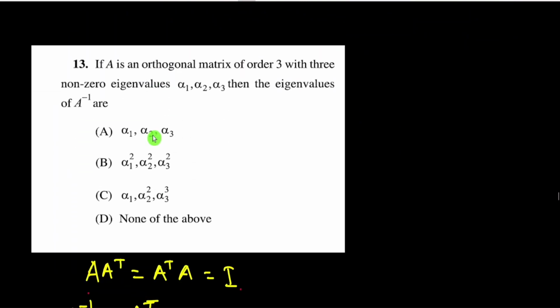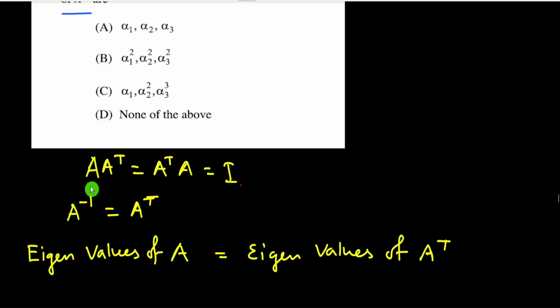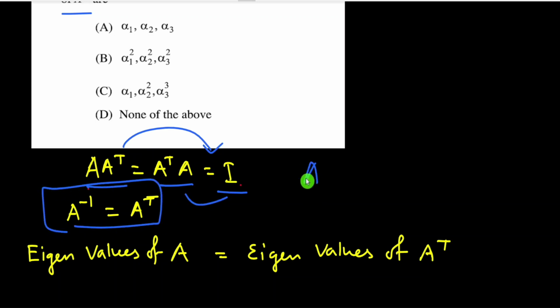Now go to the next question, question number 13. It says that if A is an orthogonal matrix of order 3 with three non-zero eigenvalues alpha 1, alpha 2 and alpha 3, then what are the eigenvalues of A inverse? From the definition of an orthogonal matrix, we have A transpose A equals identity. So we must have the relation A inverse equals A transpose.